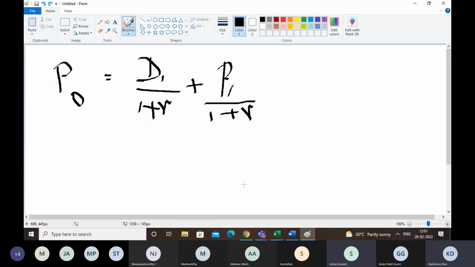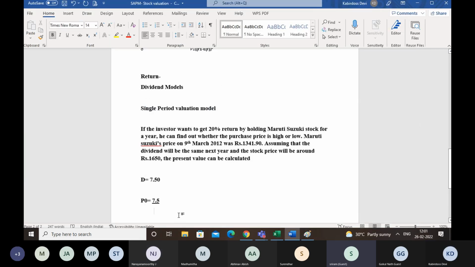So 1 plus 0.20 is 1.2. Can I write like that?